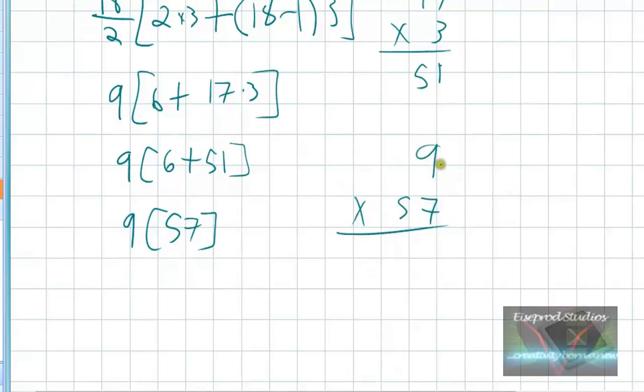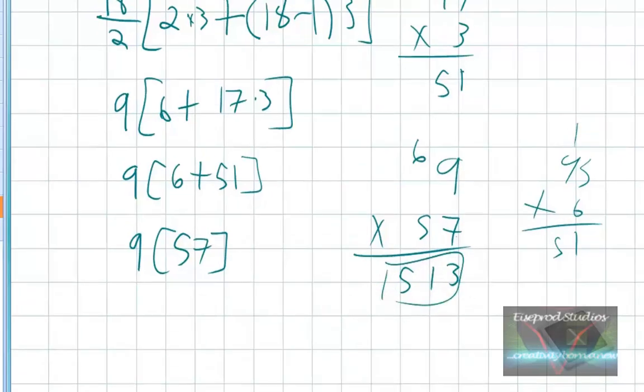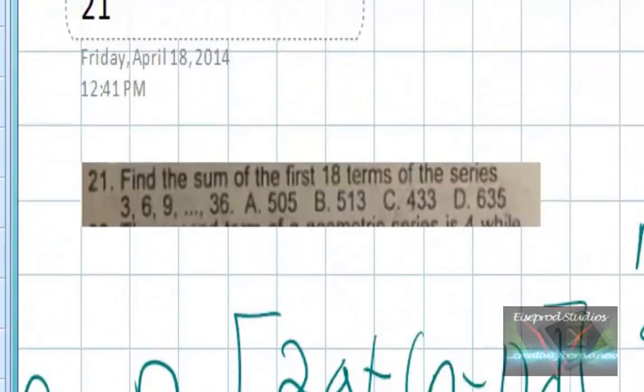Same process. 9 times 7 is 63. 9 times 5 is 45 plus 6. 45 plus 6 should be 51. So our answer looks like it's going to be 513. And that would be B.